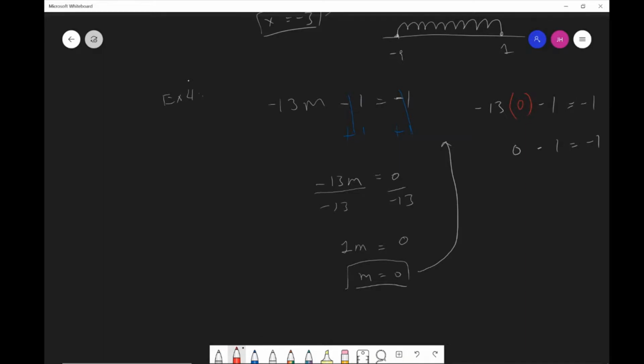You minus an integer, so you should apply KCC, although that's really unnecessary in this case. That will become 0 plus negative 1 equal to negative 1, which is the same thing. You still end up with negative 1 equal to negative 1, which is how you know m of 0 is the right answer.